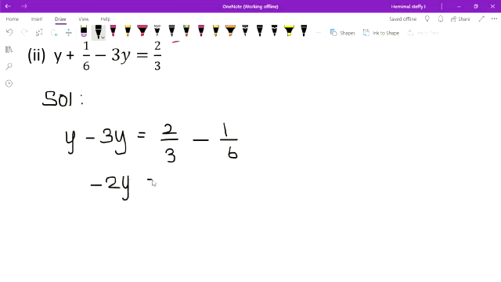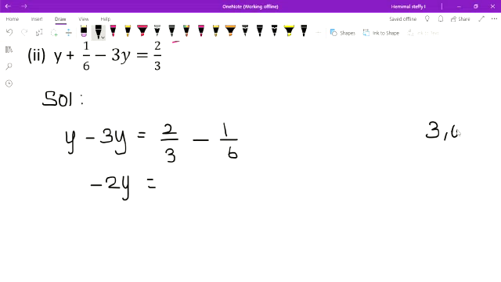Then I am taking the constant values. Both are fractions but the denominators are different, so we should take the LCM. What is the LCM of 3 and 6?